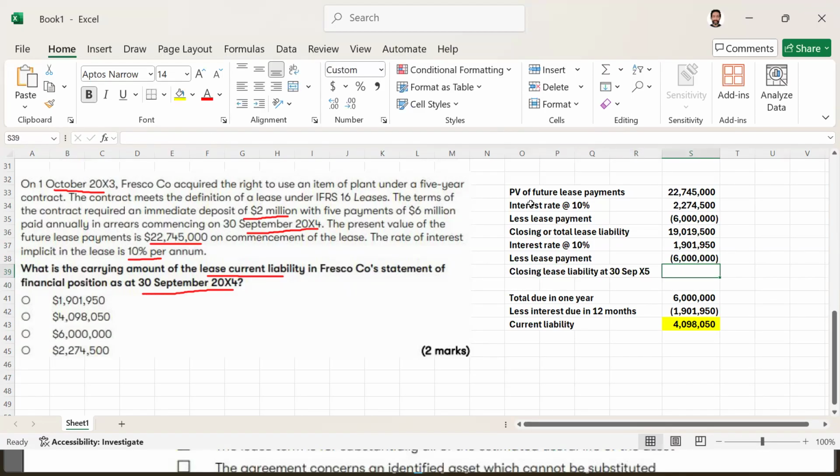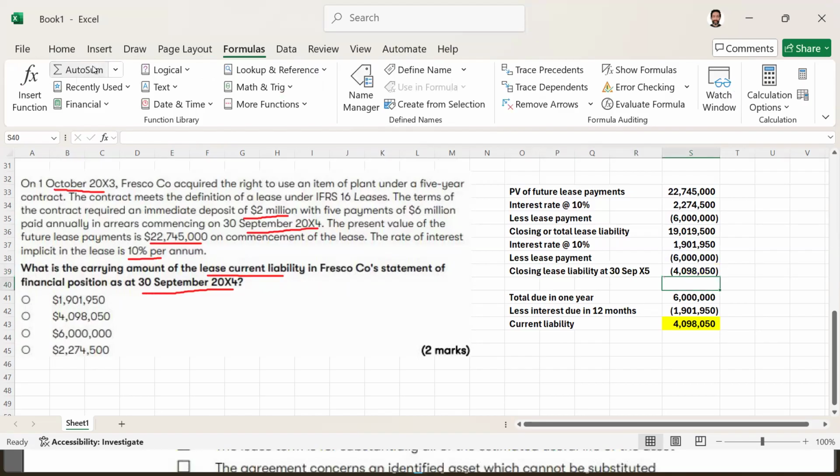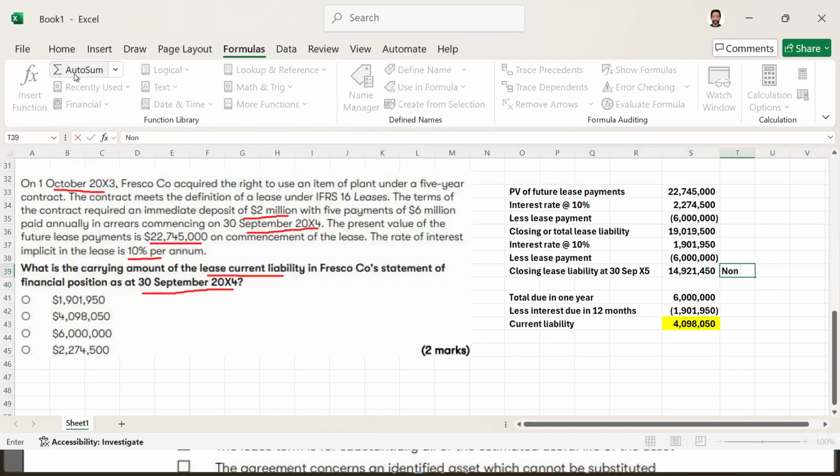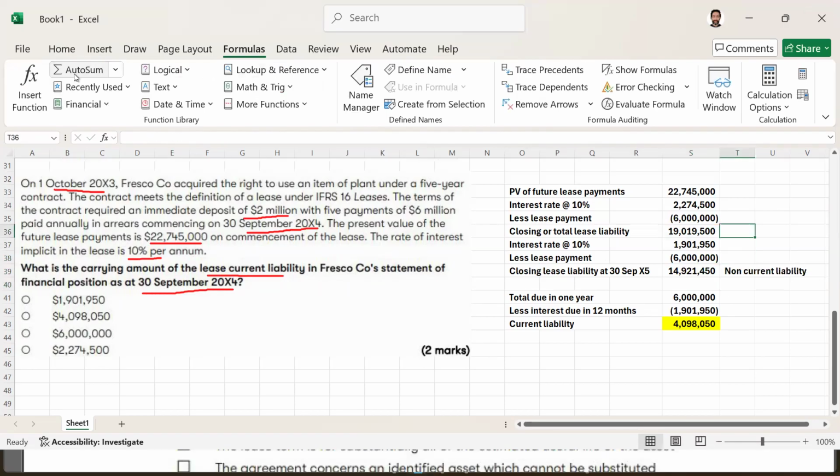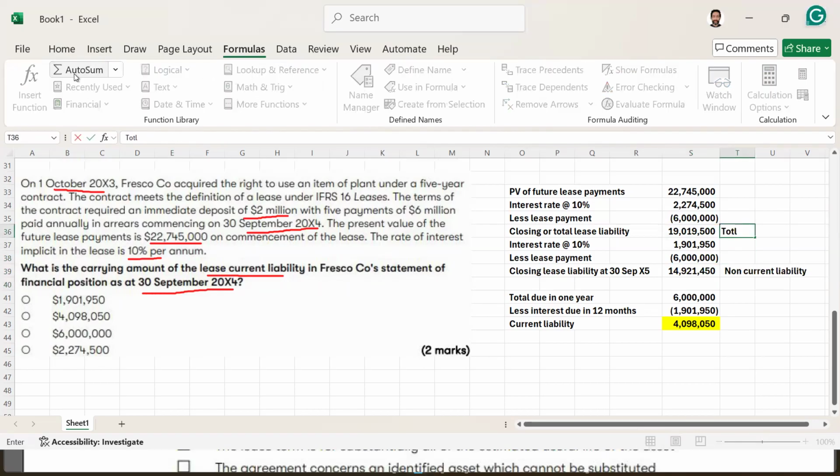So this is the total lease liability. Let's check the value here. Yeah. So that is the total lease liability after 1 year. Okay, so this is the non-current portion. That is, I would say that this is the non-current liability, and this is the total liability.